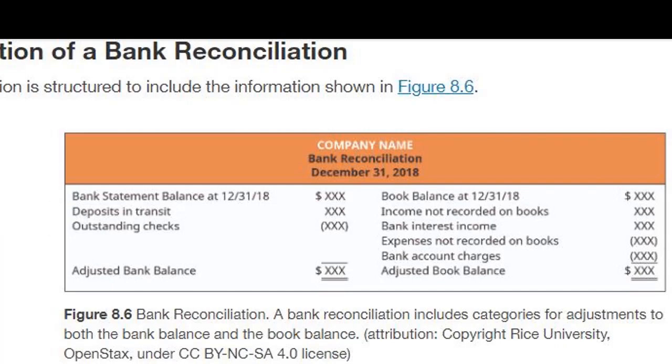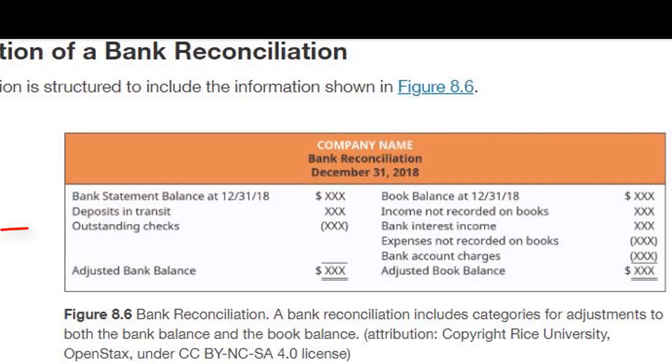Similarly, you might have written a check, but the bank may not have posted that check yet, and therefore the bank has not yet reduced your balance by the check that you wrote. You know that you wrote the check, it simply hasn't cleared yet. The bank is not yet aware of it, they have not yet posted it, but they should. And as a result, you would want to correct the bank's balance by reducing it by the amount of checks that you wrote.